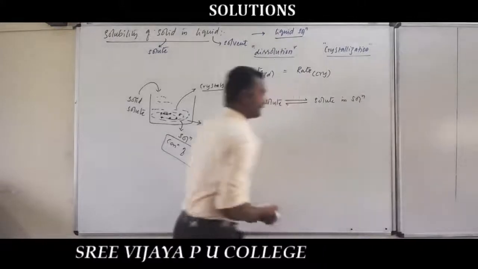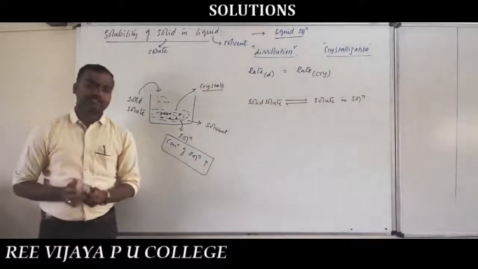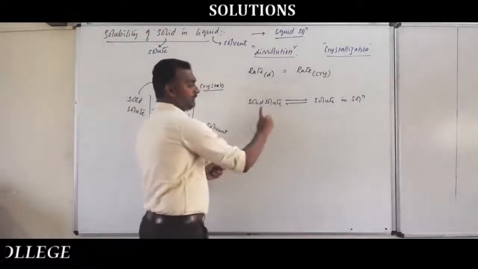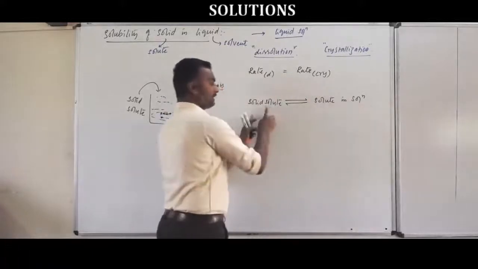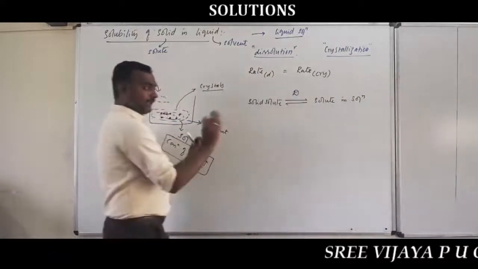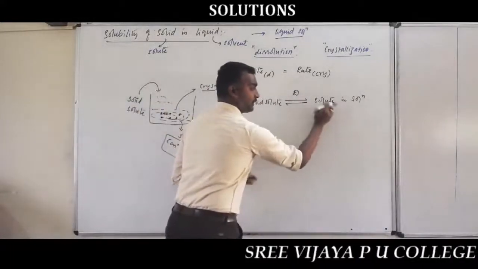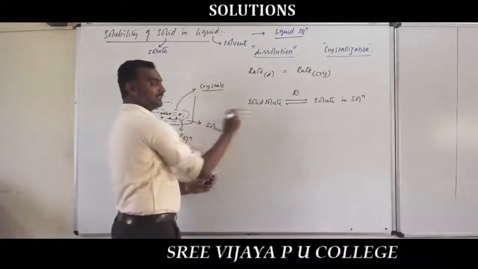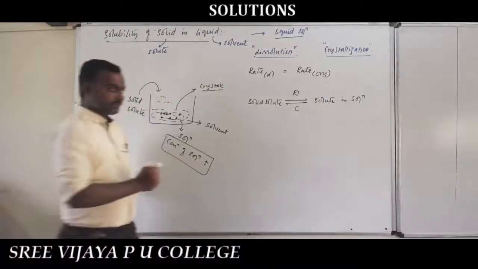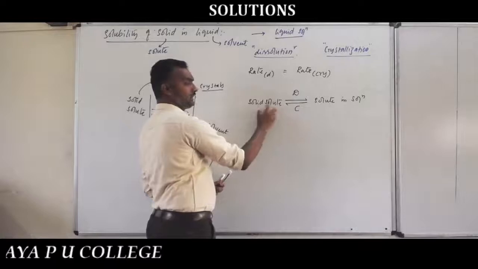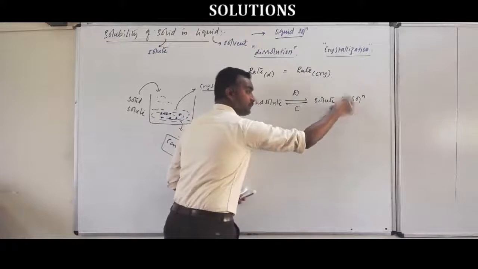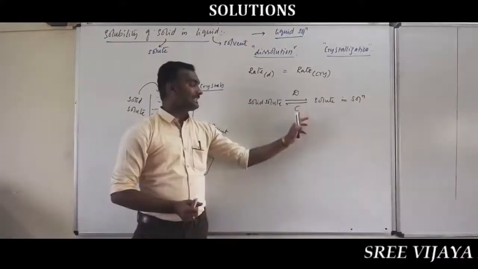Observe here: solid solute going into the solution, that process is called dissolution. Again, solute particles in the solution that come out as crystals, that is, converting into solid solute, that process is called crystallization. So in the forward direction, solid solute entering into the solution is dissolution. Solute present in the solution coming out as crystals is crystallization.